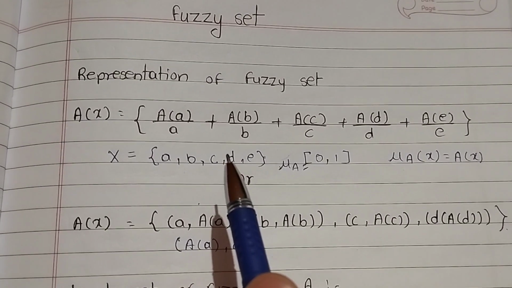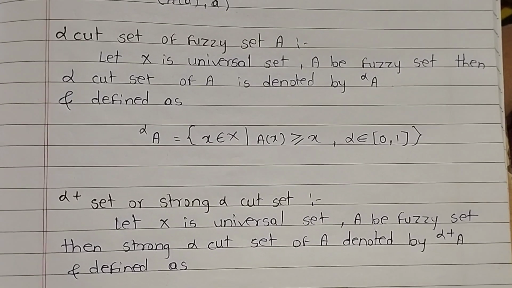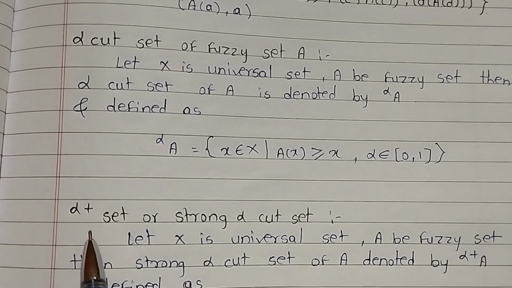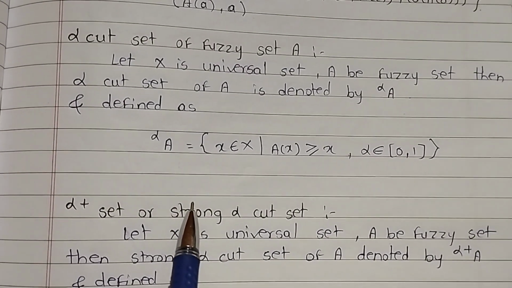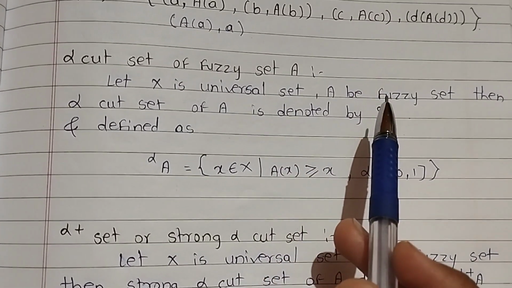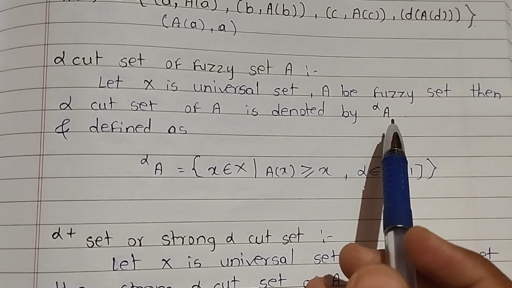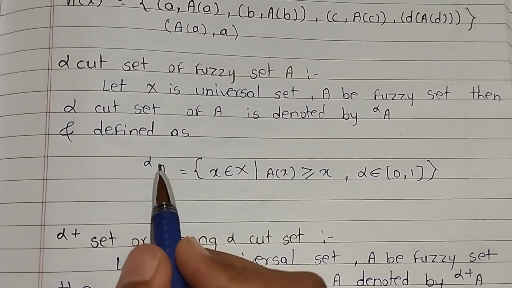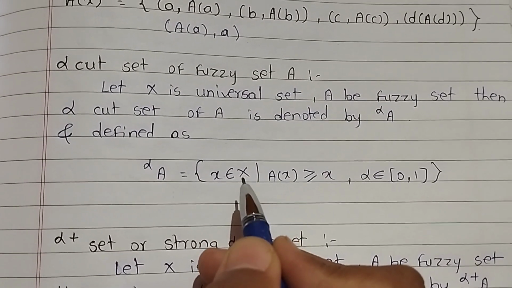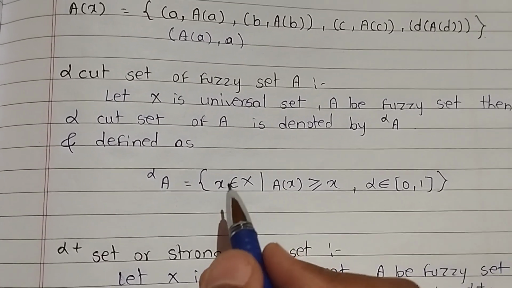So we will see with the help of an example. Before the example, first we see two more concepts, which are alpha cut set and strong alpha cut set. So let x be the universal set, A be a fuzzy set, then the alpha cut set of A is denoted by alpha A and it is defined by alpha A is equal to x is the element of universal set, where capital X is the universal set and small x are the values of the universal set.